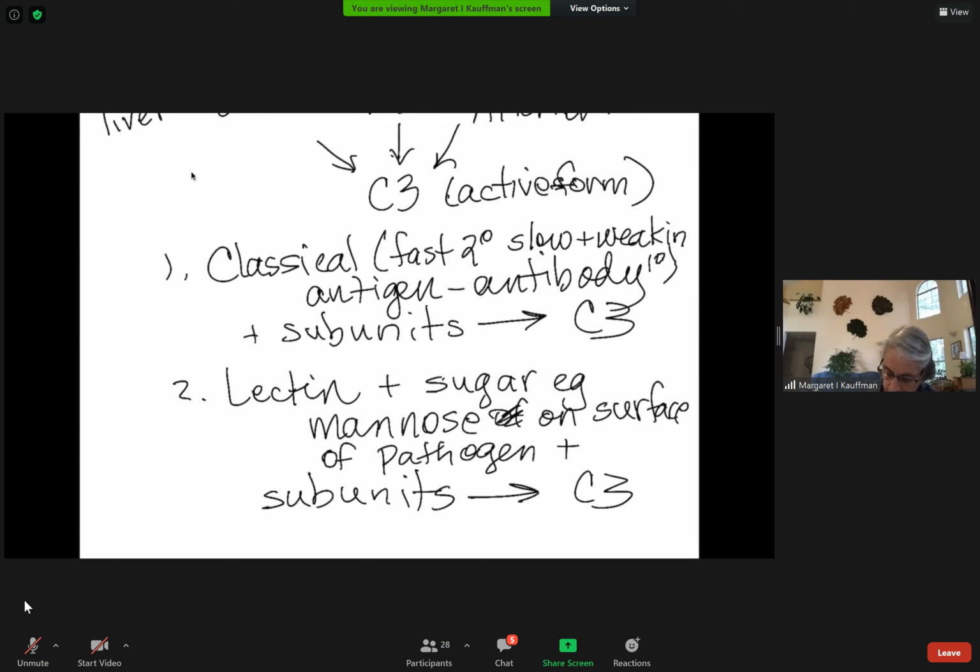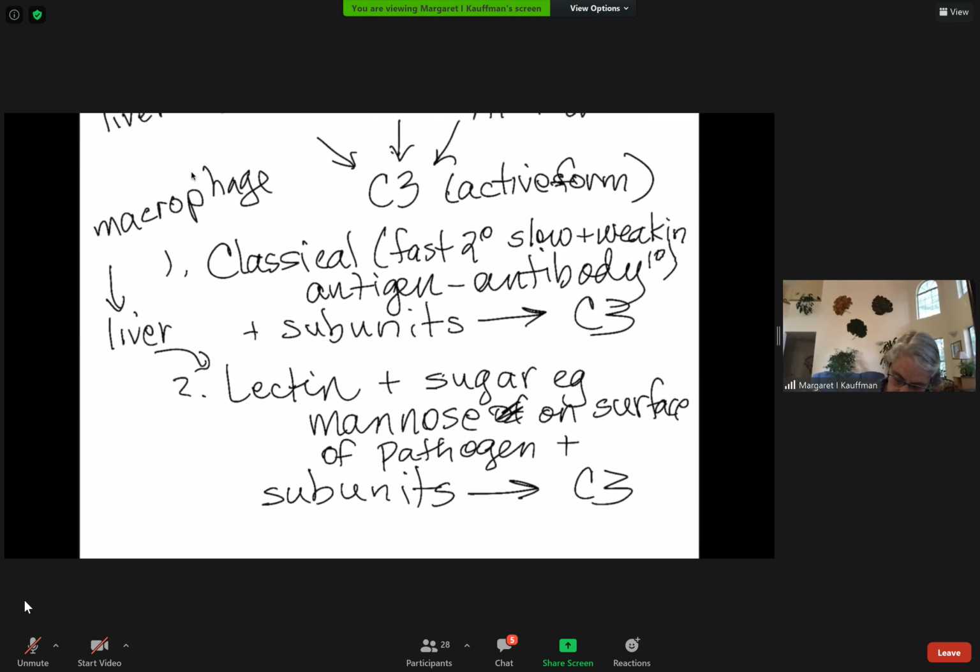All right, this lectin, as he said, is made by the liver. The liver is told to make the lectin by the macrophage. So unlike the subunits, it's not always making lectin. It's triggered to make lectin, signals maybe, to release that lectin.